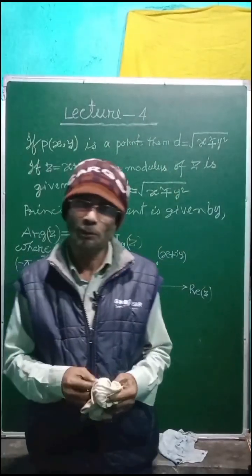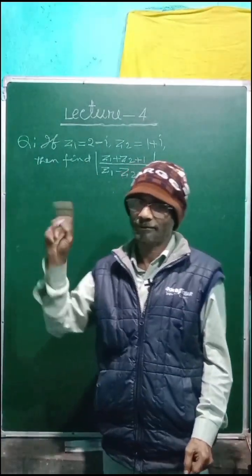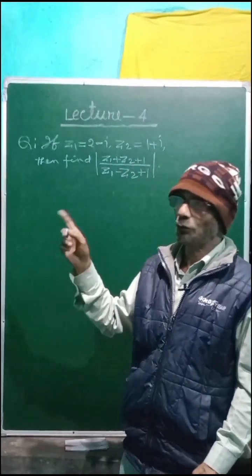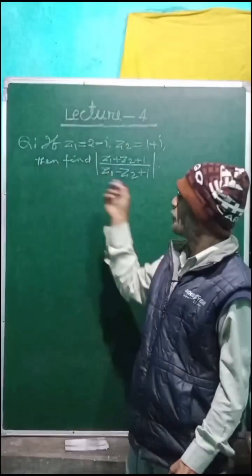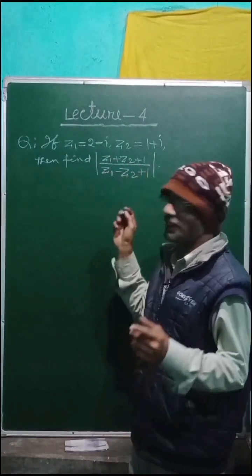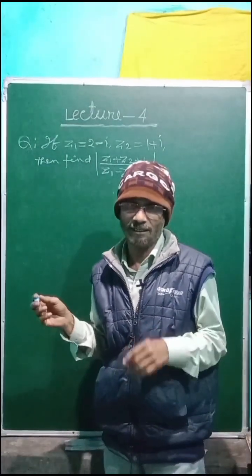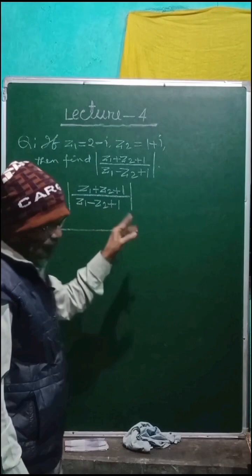Take a problem on modulus. If z1 is equal to 2 minus iota and z2 is equal to 1 plus iota, then find the modulus of z1 plus z2 plus 1 divided by z1 minus z2 plus 1. Solution: z1 plus z2 plus 1 by z1 minus z2 plus 1.